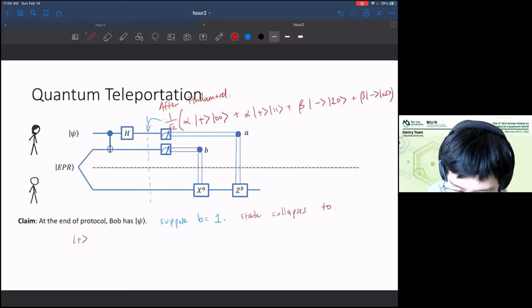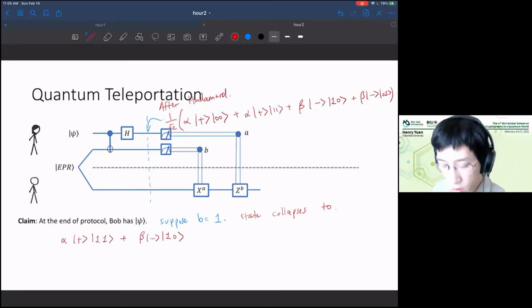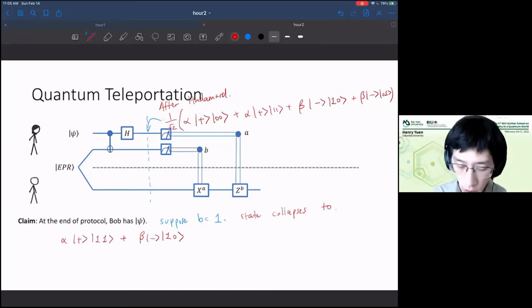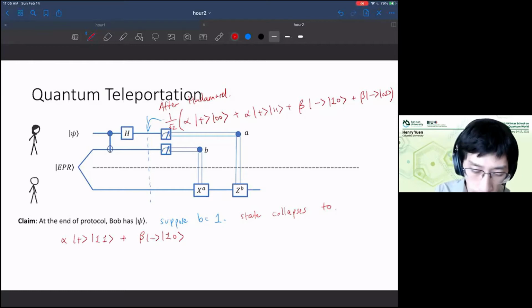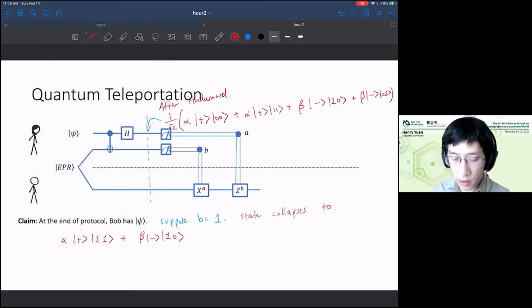We have alpha plus 1, 1 plus beta minus 1, 0, right? And then all the other terms go away. And okay, so that's after we measure the second qubit and we have this collapse.